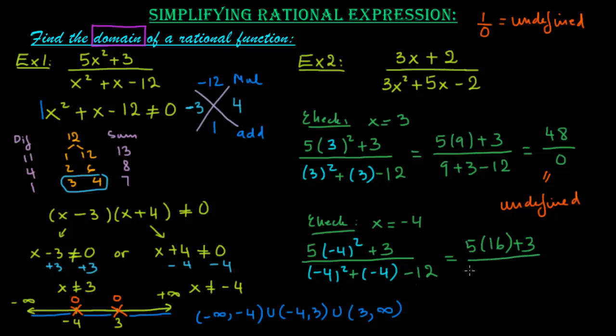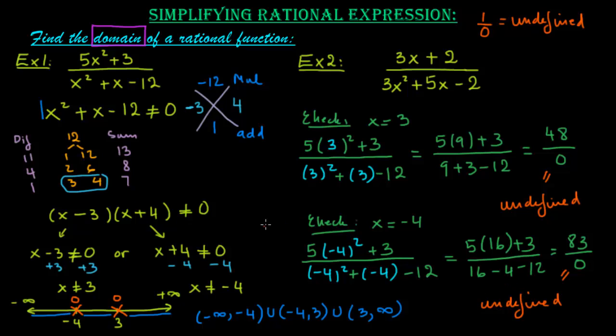The bottom gives me 16 minus 4 minus 12. So 5 times 16 is 80, plus 3 gives me 83, over 16 minus 4 is 12, minus 12 is 0. As you see, it's the same thing. 83 over 0 gives me another undefined.